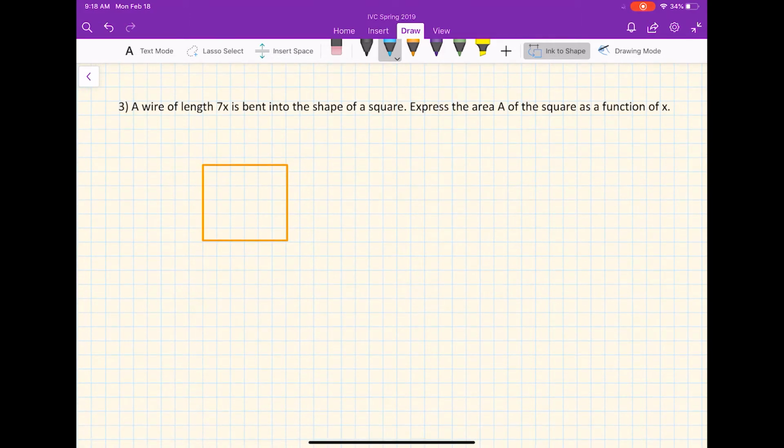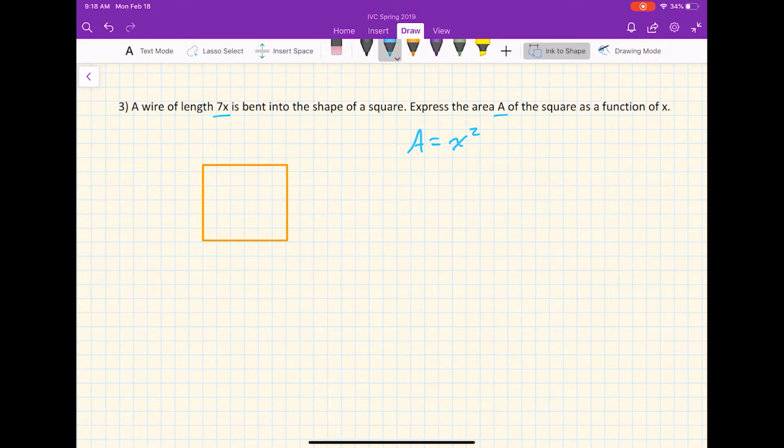So moving on to number 3. A wire of length 7 times x is bent into the shape of a square. Express the area A of the square as a function of x. So again, we're looking for the area, but this time it's a square, so all the sides are equal size.